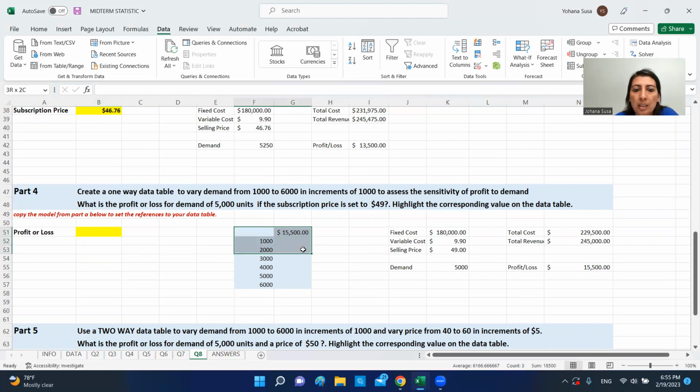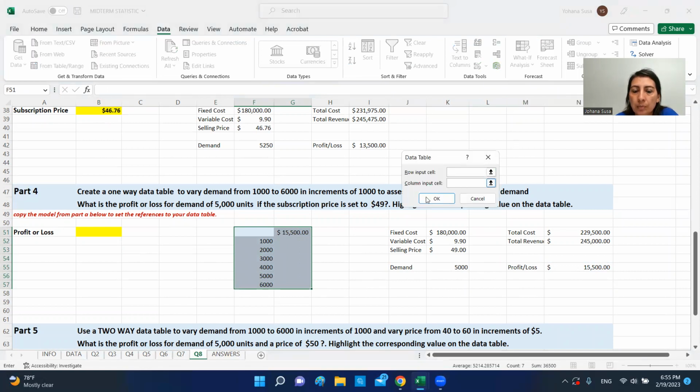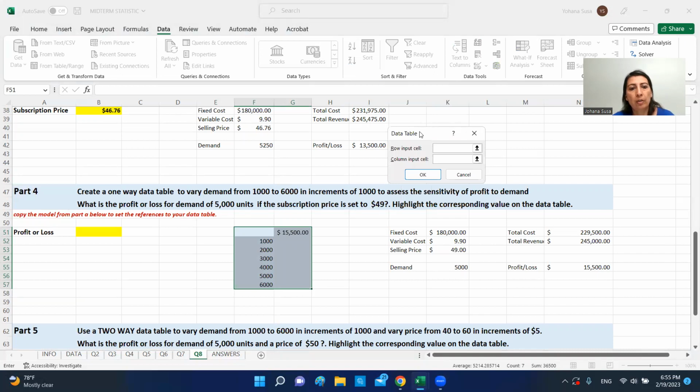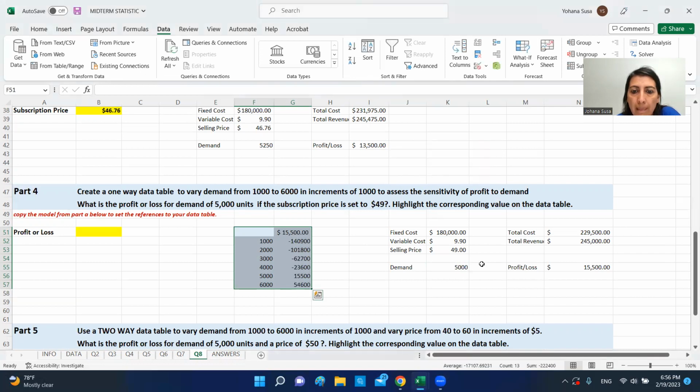Now we select data. Okay, what-if analysis, go to data table. Now, since we care for the demand, and we only have one price, which is already set for 49, we care for the column. So this is where we're going to enter our information. So our demand is going to be a reference here.